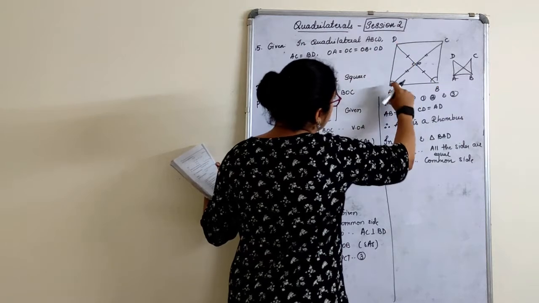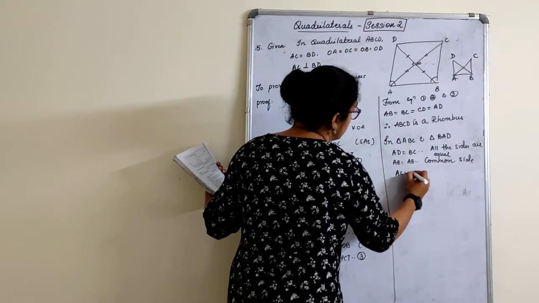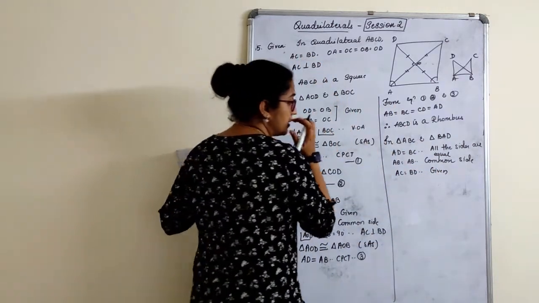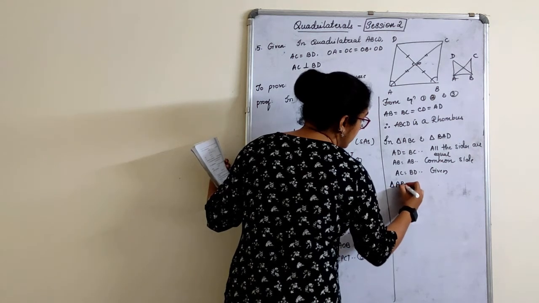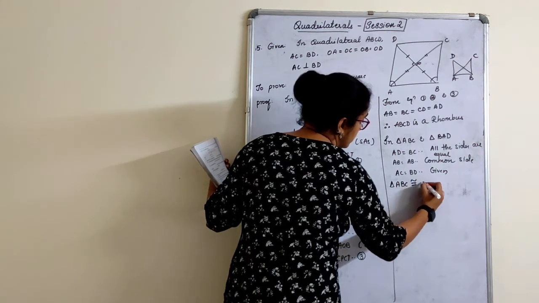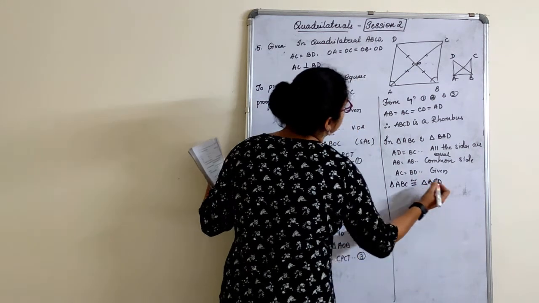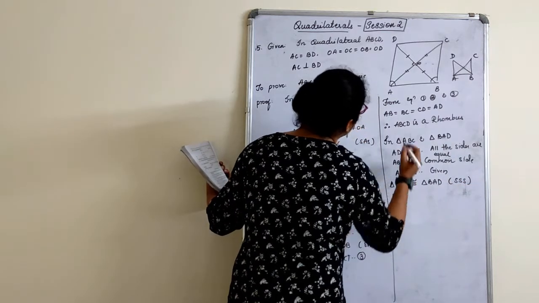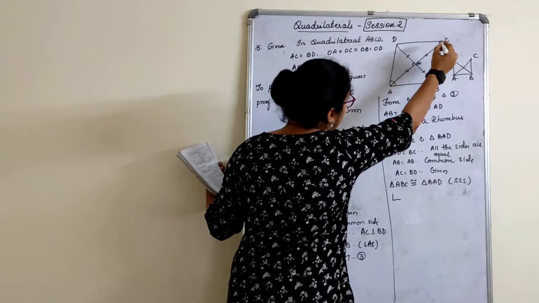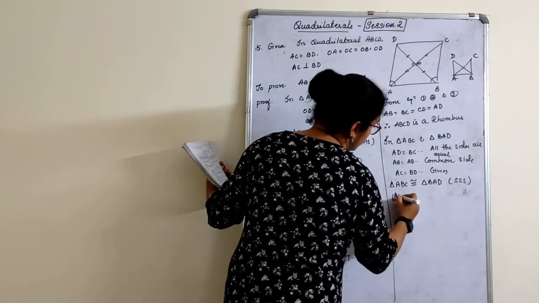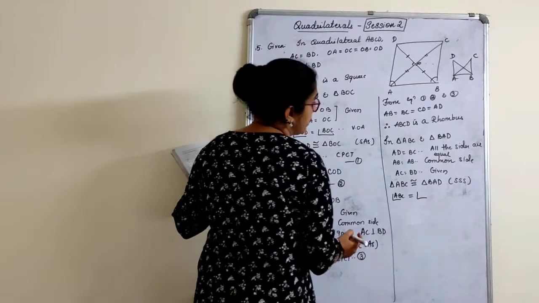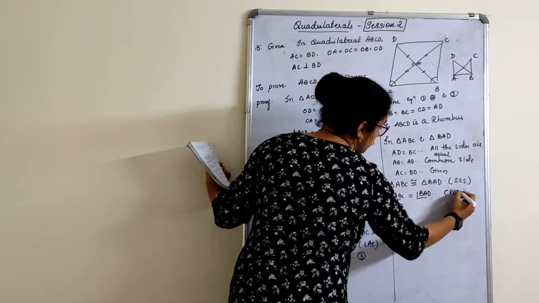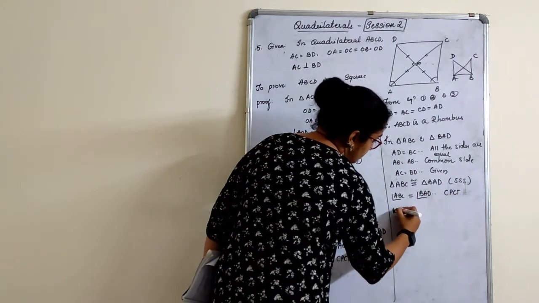So when we talk about ABC, AC is equal to BD, given. I have written all these things in the given, so I have just written given. By SSS congruence rule, triangle ABC is congruent to triangle BAD. Therefore, angle ABC is equal to angle BAD, CPCT.